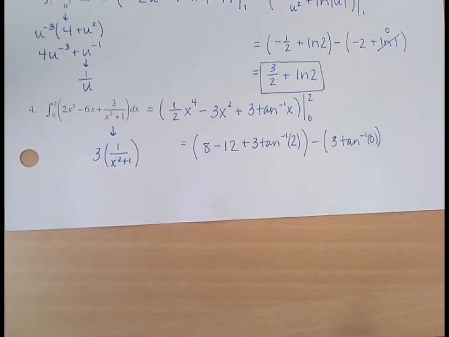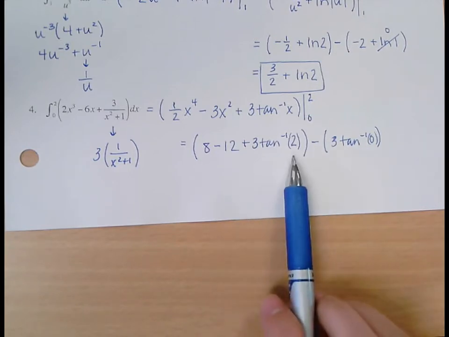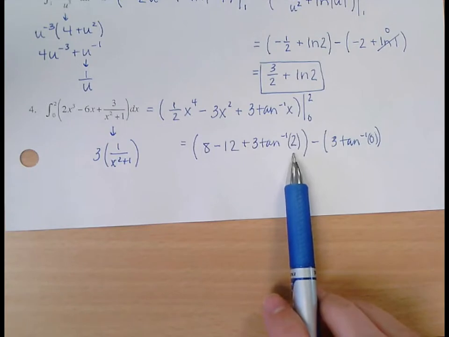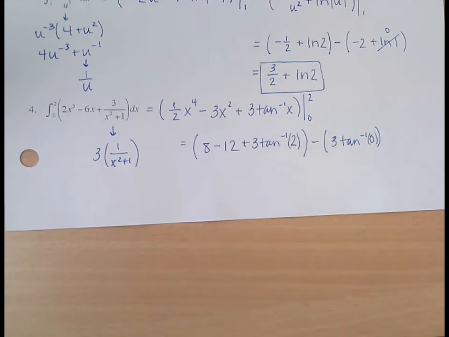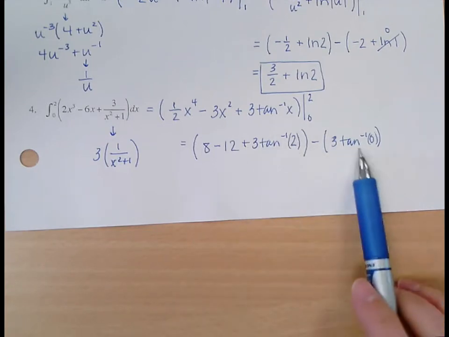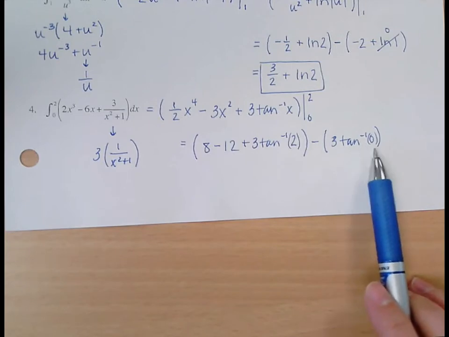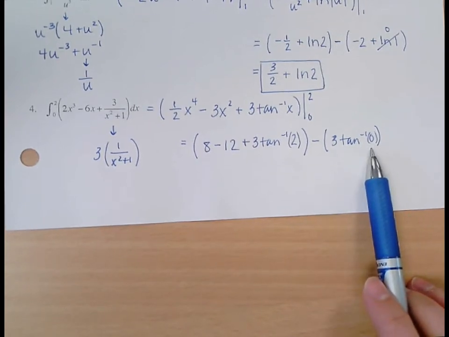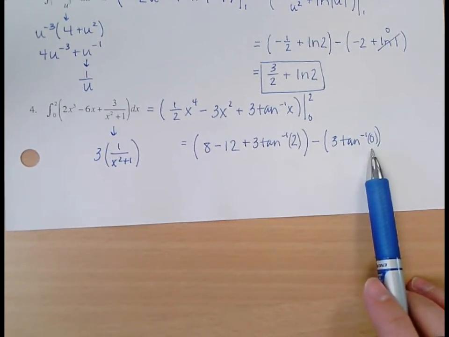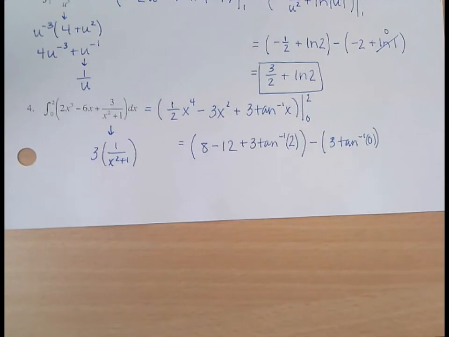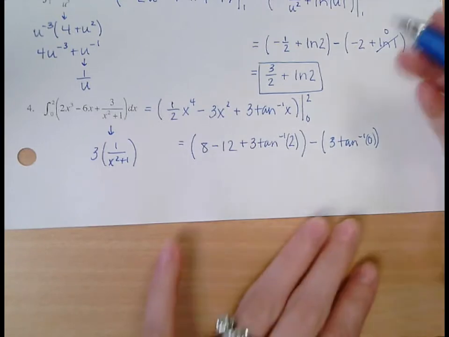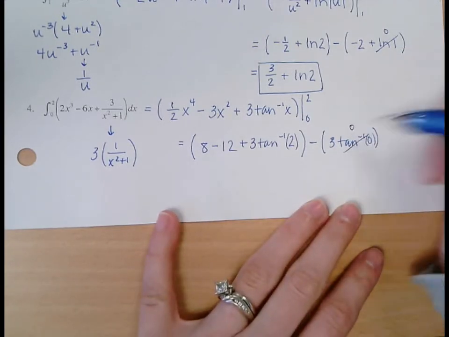So here, inverse tangent of 2, that's not going to be any special angle. Remember, this would be the angle at which tangent is 2, but that's not any special angle from the unit circle. However, 0 is, so at what angle is tangent equal to 0? 0, again, inverse tangent is from negative pi halves to pi halves, so inverse tangent of 0 is just 0.